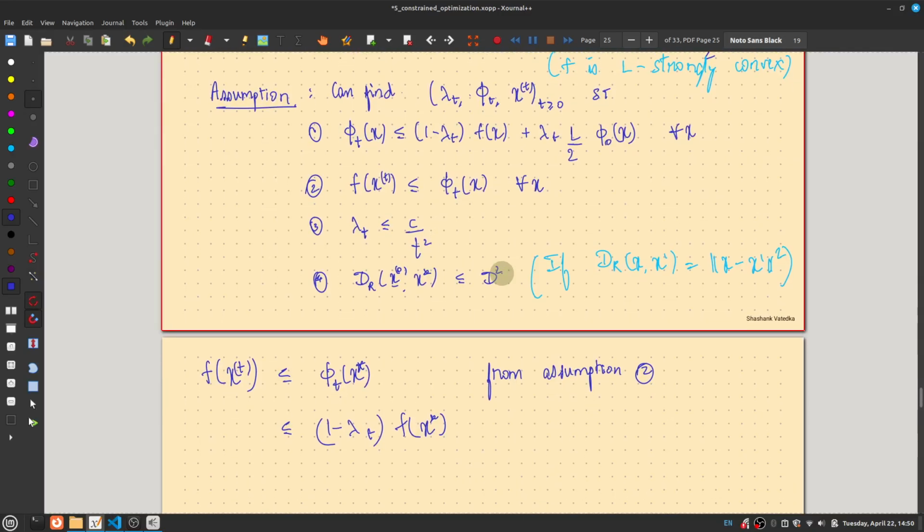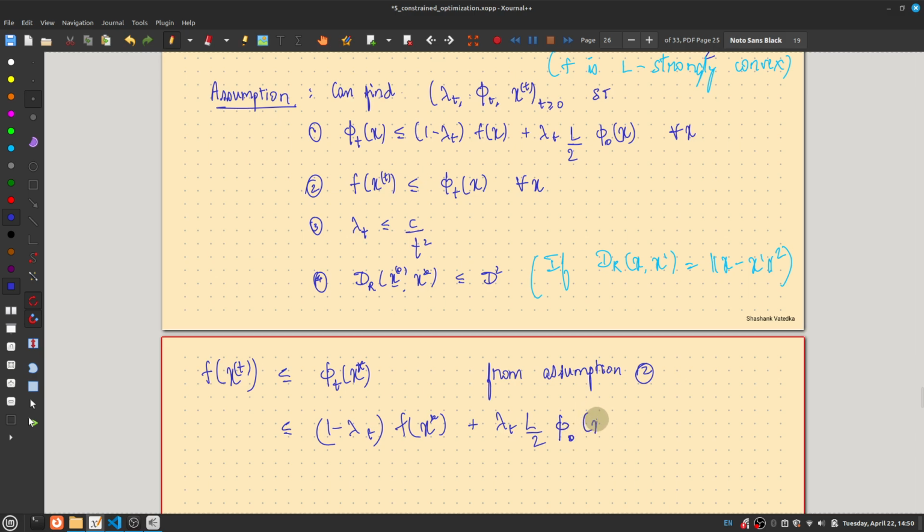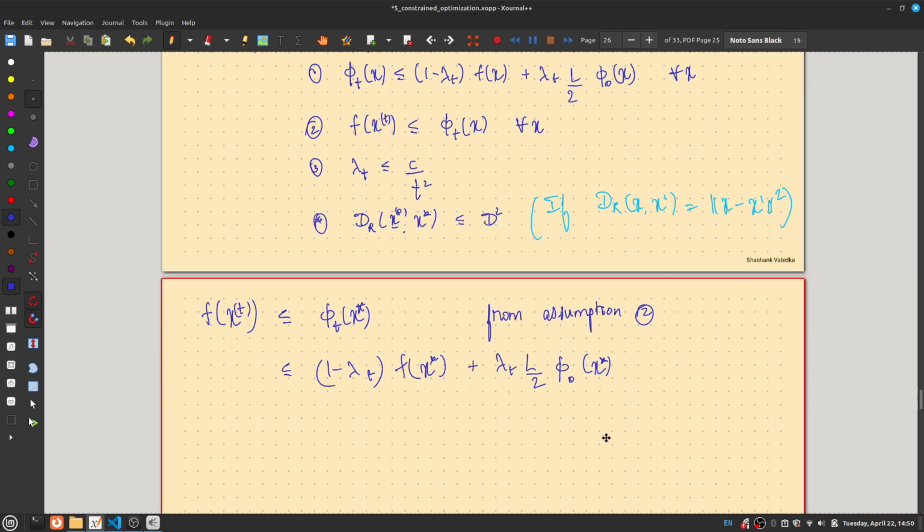I'm using property 1 plus lambda t L by 2 phi naught of x, phi naught of x star.